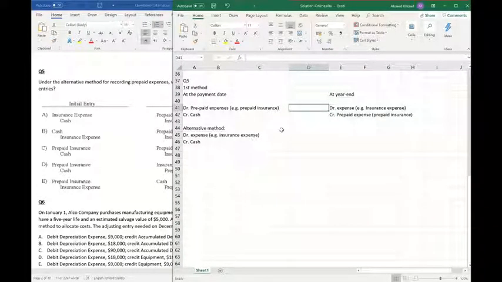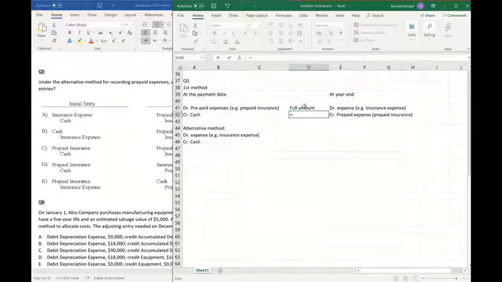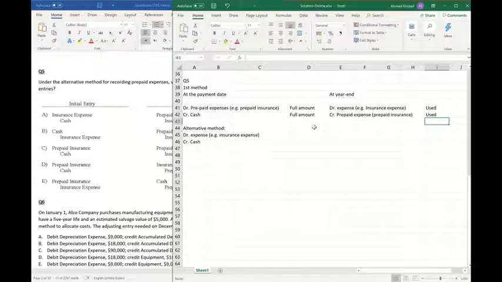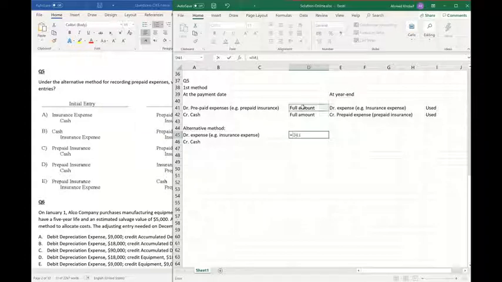So what we record in the first entry in both methods is the full amount. In the first method, what we record in the adjusting entry at the end of the year is the amount used of these expenses on both sides, the debit and the credit.